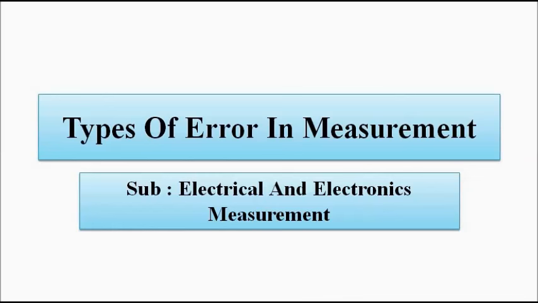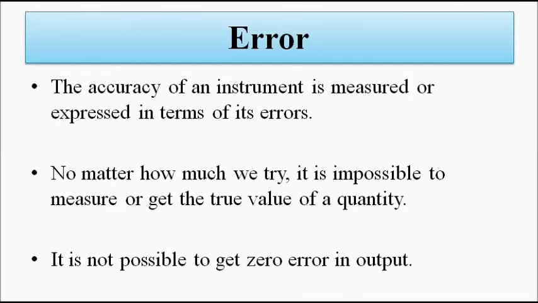Now in this video we are going to discuss the various types of error which occur during the measurement process. So just a quick recap about error: the accuracy of an instrument is expressed in terms of the error.